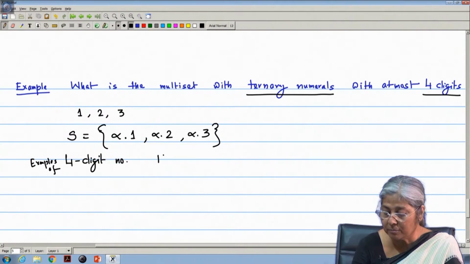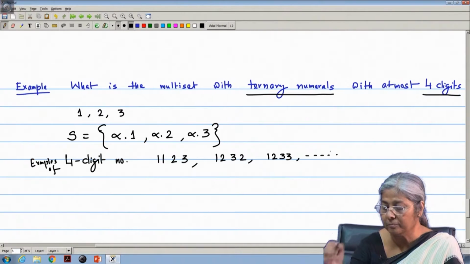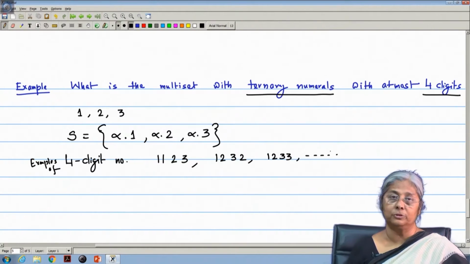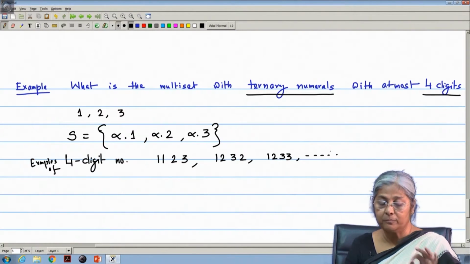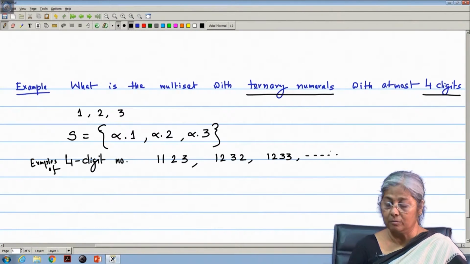So, it can be 1 1 2 3, it can be 1 2 3 2, it can be 1 2 3 3, and all this type of 4 digit numbers. Now, mainly we have to find out how many this type of numbers are possible.